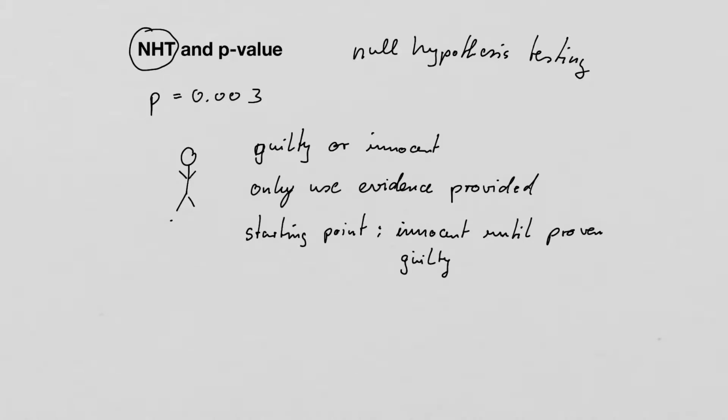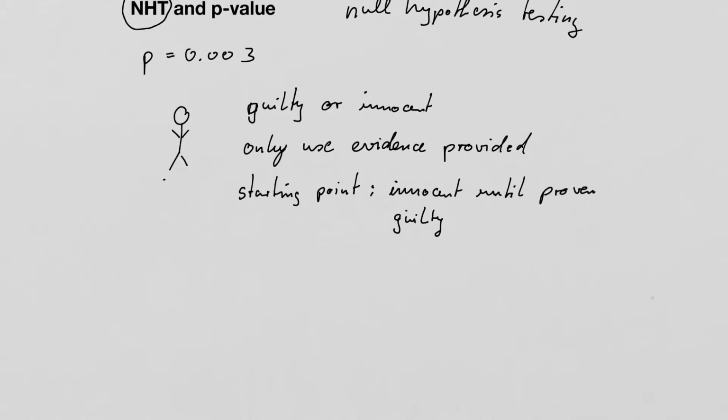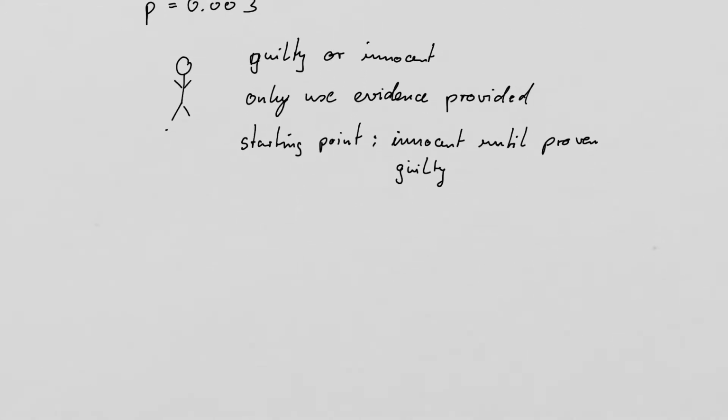So these are the aspects under which the jury has to make a decision, and hopefully they will come to the right conclusion. So what happens then in this process is that evidence will be presented.